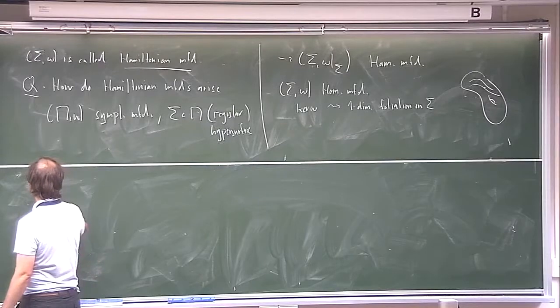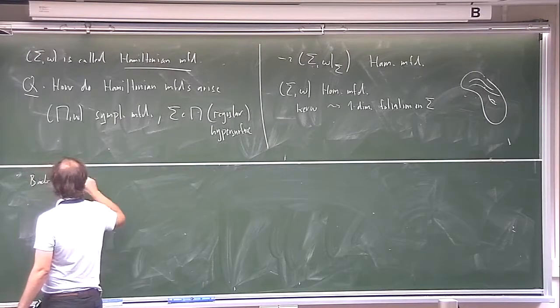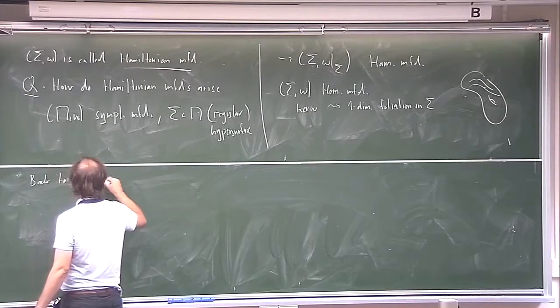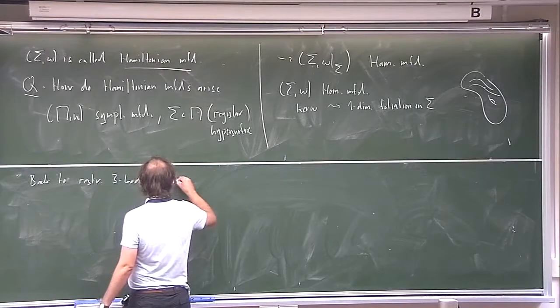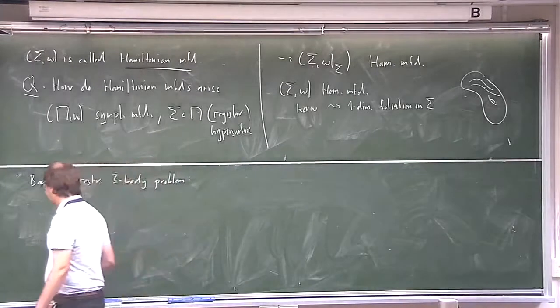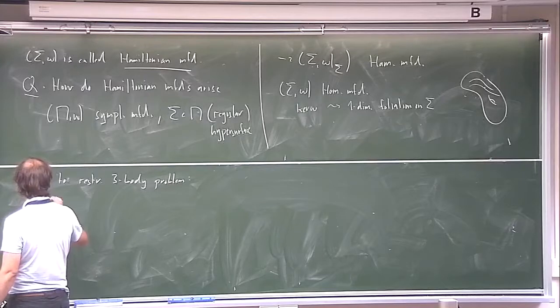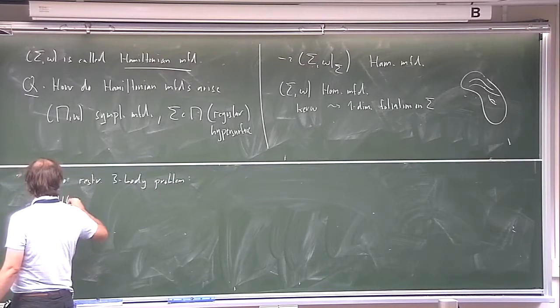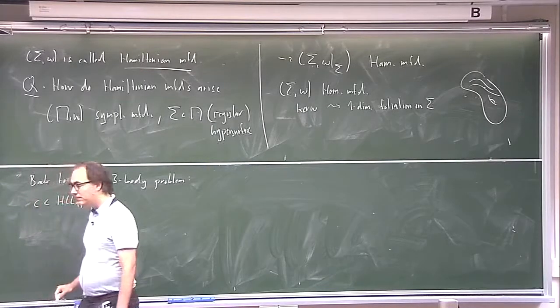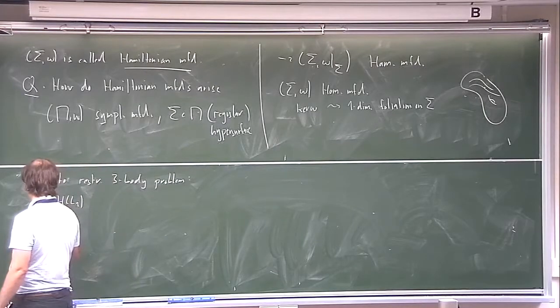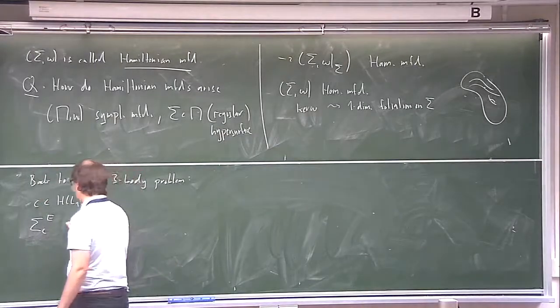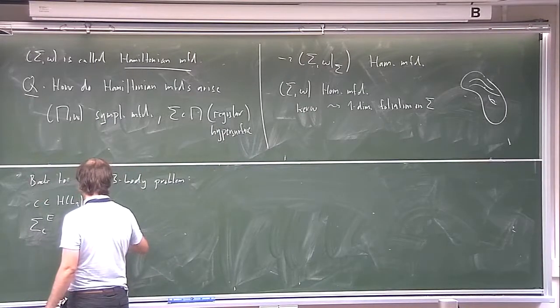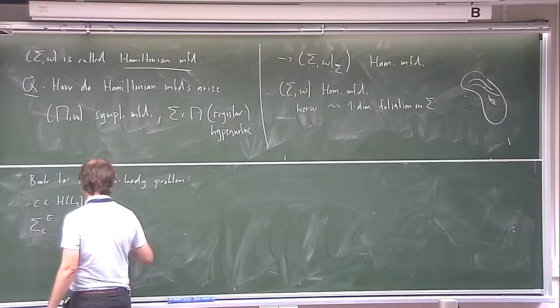So we are back to the restricted three-body problem. We assume C is less than the first critical value, and then we have sigma_{C,E} in T*R2.